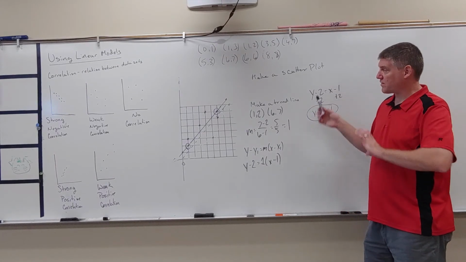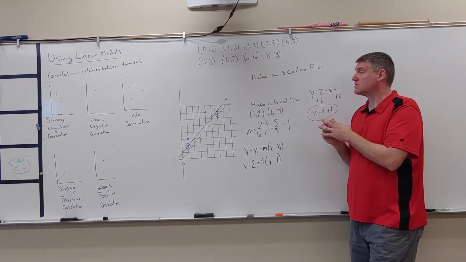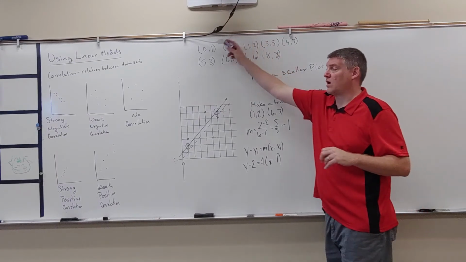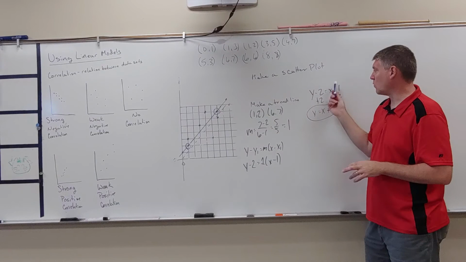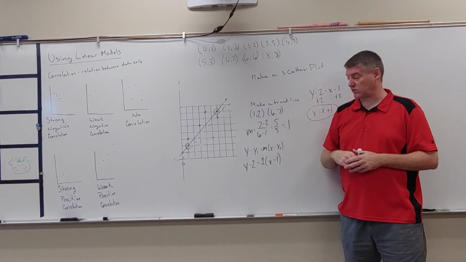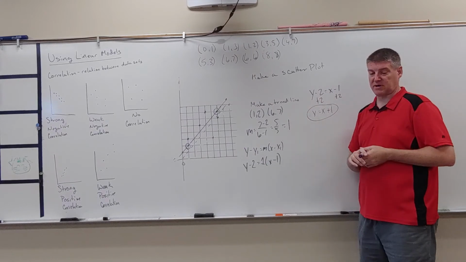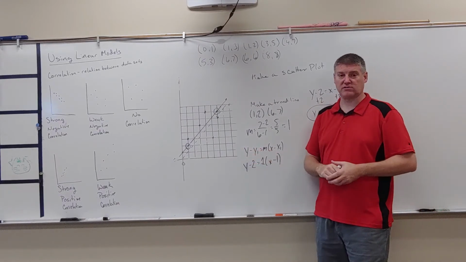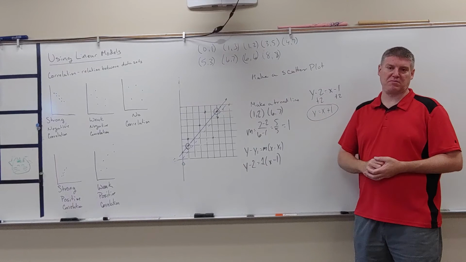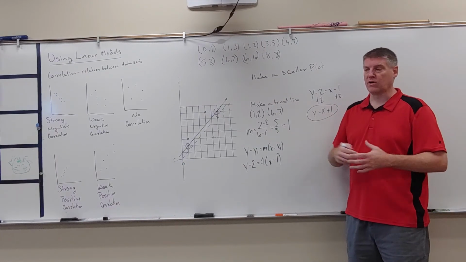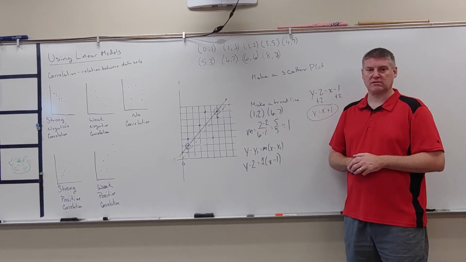Now, this is a pretty simple approach and very simple coordinates here. Sometimes this slope might be very difficult, and it would be difficult to solve this into y equals mx plus b. You might need to leave it in point slope form because your slope might be something like 2,375 over 138.